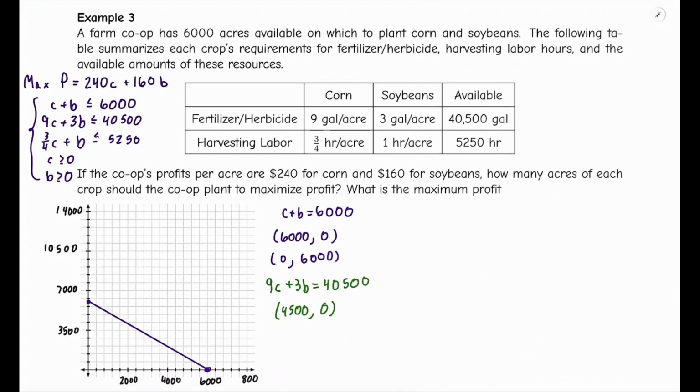So 40,500 divided by 3, and we're getting 13,500. Then if I go through and graph that, right there, and about right there. There we go.